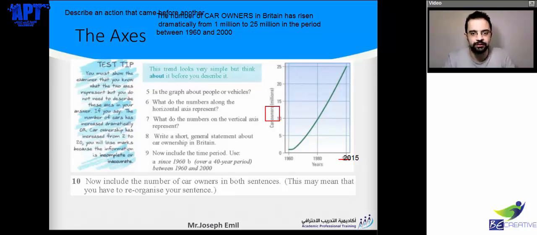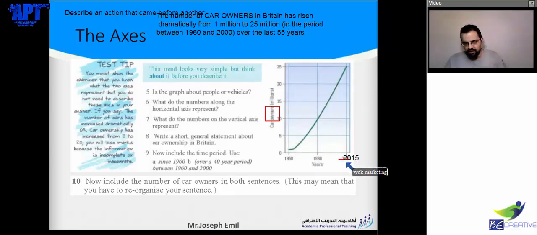So instead of saying in the period between, I'm just going to put a bracket here and a bracket at the end, and just say over the last 55 years, or whatever the number is. So the number of car owners has risen over the last 55 years.